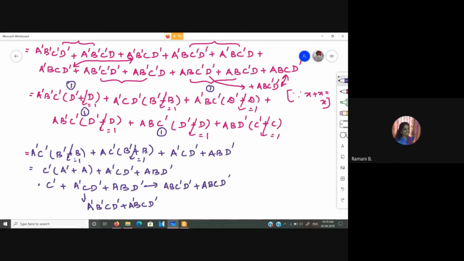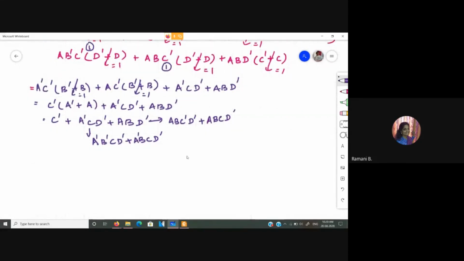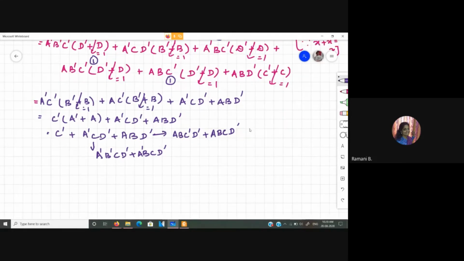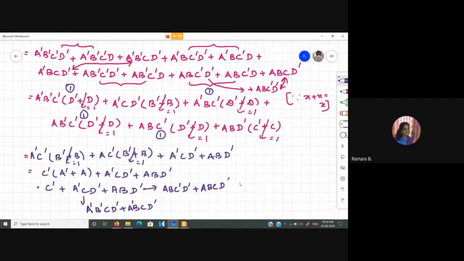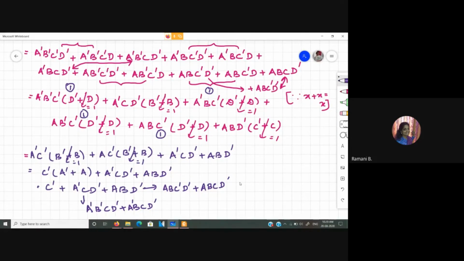Okay, so with this, we have to use this x plus x logic again, and we need to add more terms. So now you understand this is the complication with using Boolean expression simplification as such, because we don't have any definite rule.